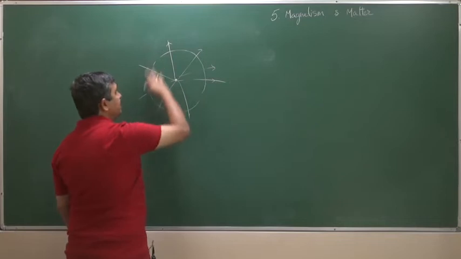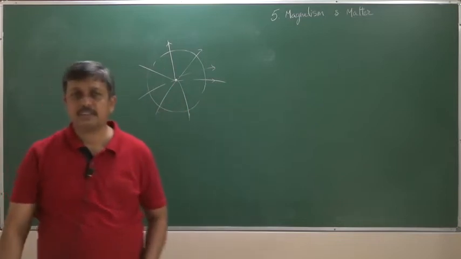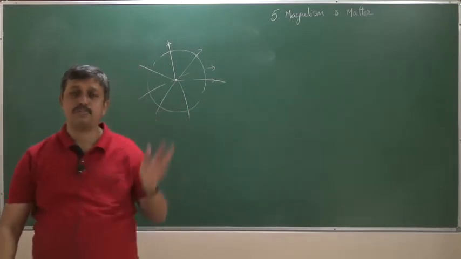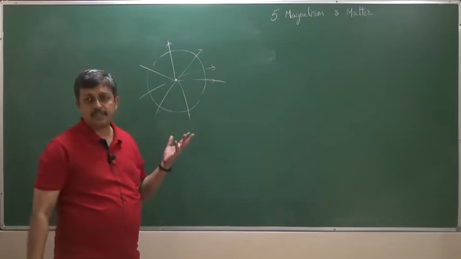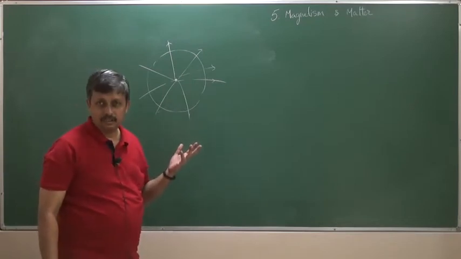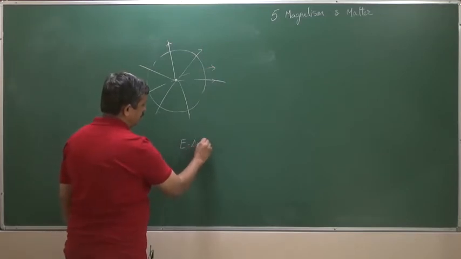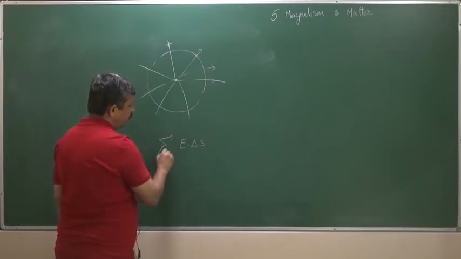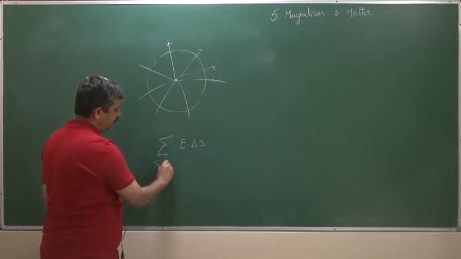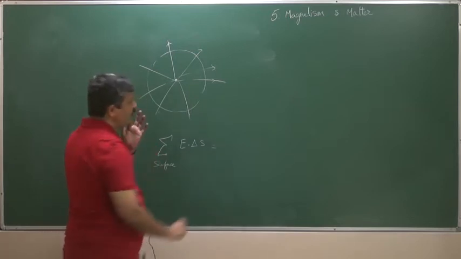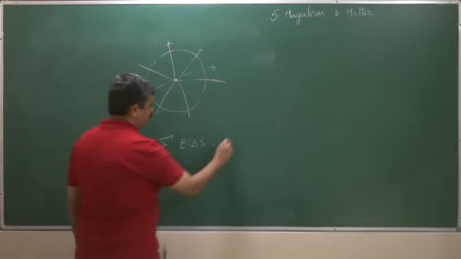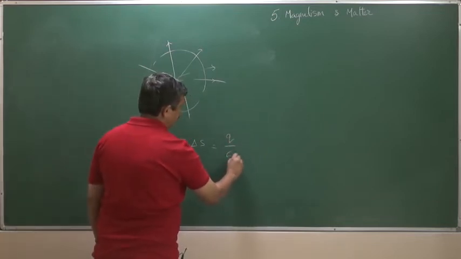Now if you take any surface, I am talking about the full sphere, the flux is E dot ds. If we take it over the full surface, that would be equal to the charge enclosed, which is q divided by epsilon naught.